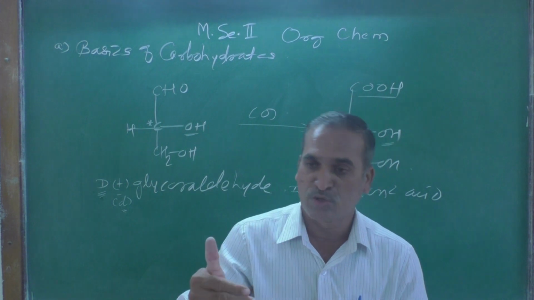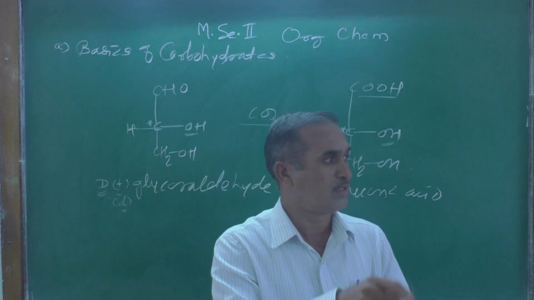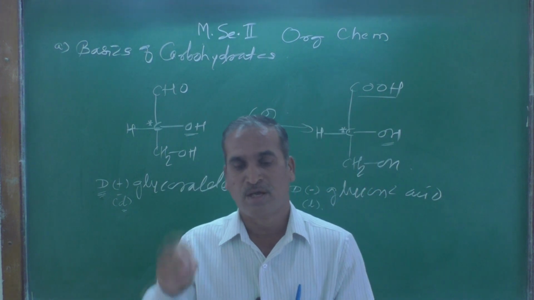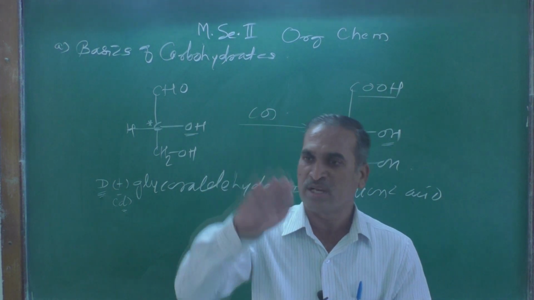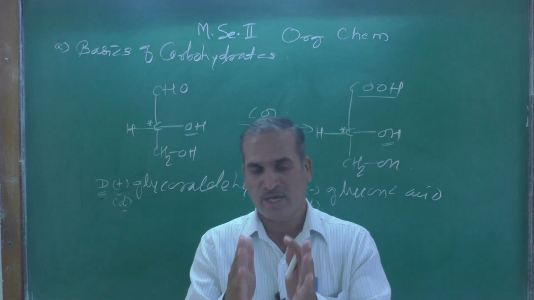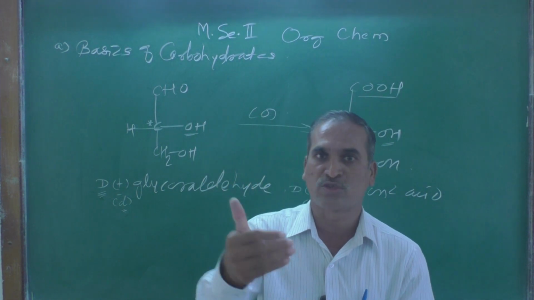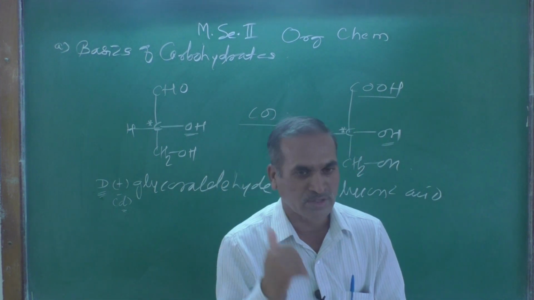And as we know, there are certain rules for writing a Fischer projection formula. The more oxidizable compound is generally written vertically. When we are writing a carbohydrate vertically, the most oxidizable group is always kept on the top.